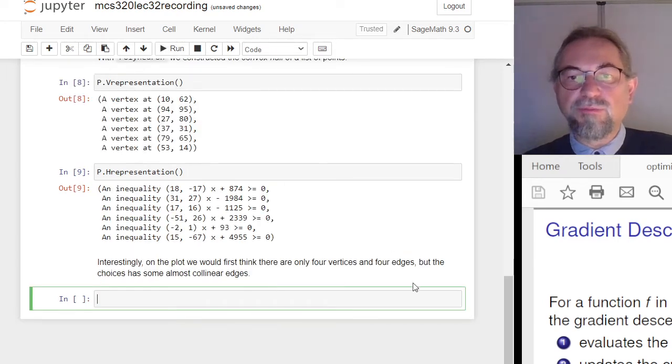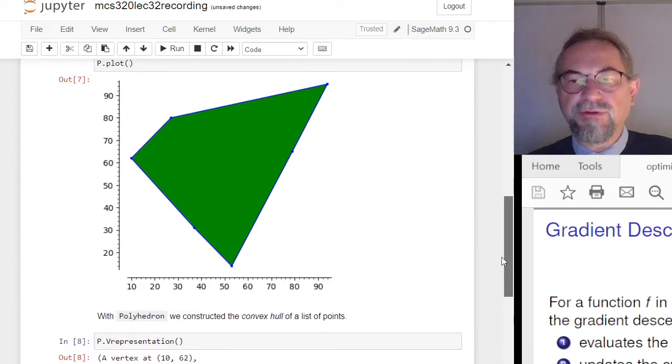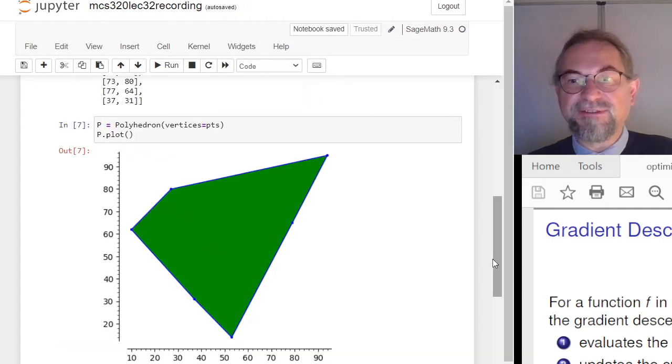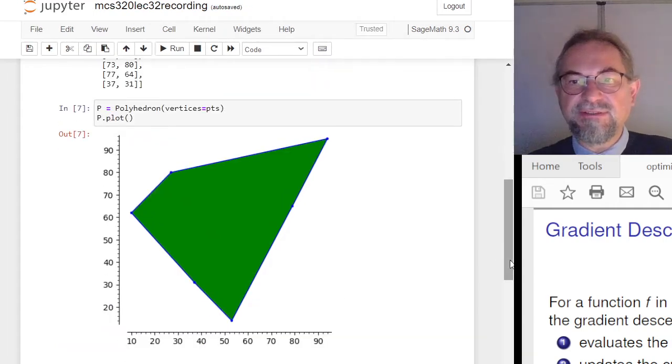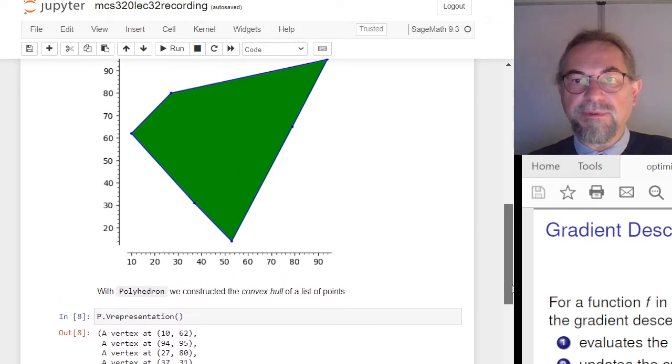So typically these would not be counted at first. When I was looking at this earlier in my preparation, I actually did not see them, but it's good that I see them now. So this is, after all, a very interesting example.